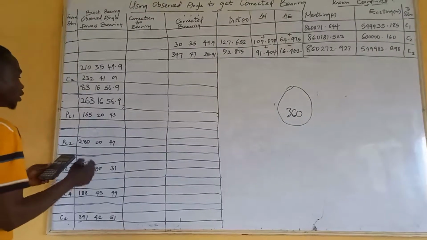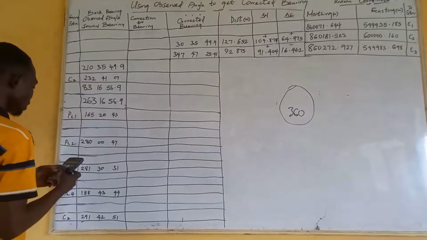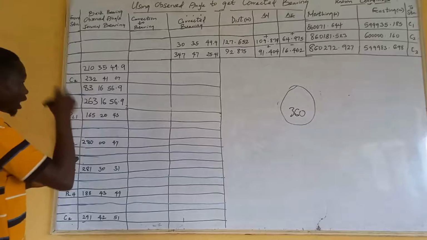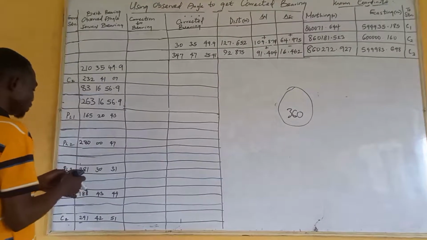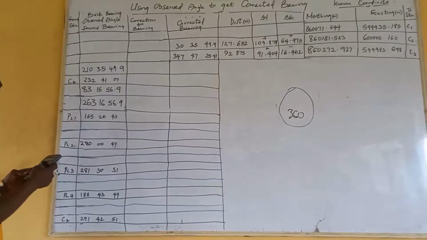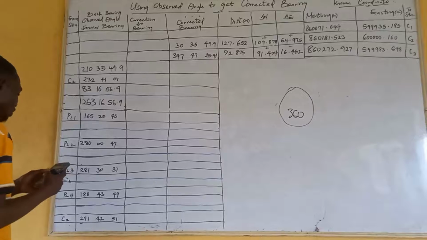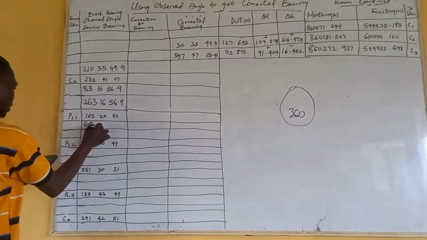It's going to give us 428 degrees, so you subtract 360 from it. If you are obtaining a result that is above 360, you subtract 360 from it. We have 428 degrees 37 minutes 39.9 seconds. So you subtract 360 from it because it's more than 360, and it's going to give us 68 degrees 37 minutes 39.9 seconds.